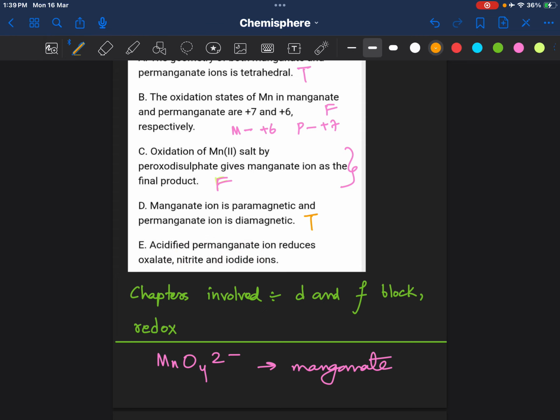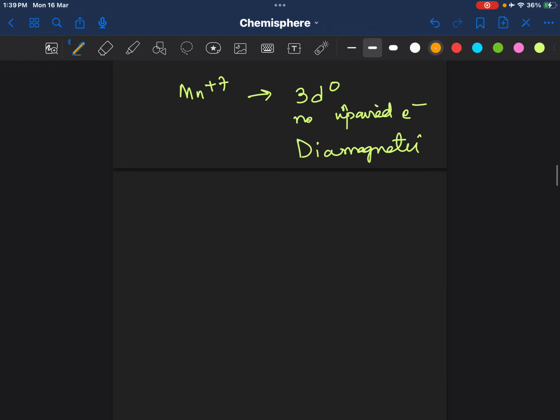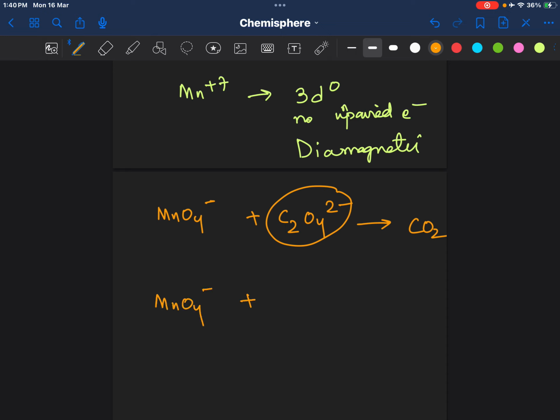If you go through the NCERT of the d and f block, you will see that there are certain reactions where MnO4 minus acts as a very strong oxidizing agent. It reacts with oxalate, C2O4 2 minus, and converts it into CO2. It reacts with nitrite, NO2 minus, and converts it to nitrate, NO3 minus. It reacts with iodide, I minus, and converts it into iodine.